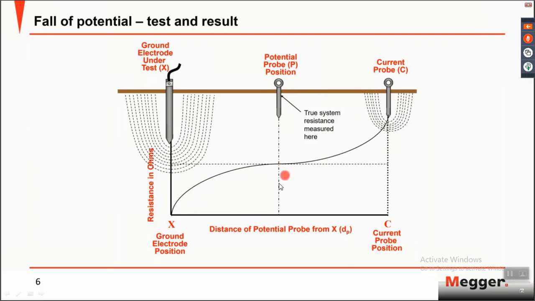When you see the flat area, maybe in here, you can take that position as the true measurement. The measurement on that position will be valid for your measurement.